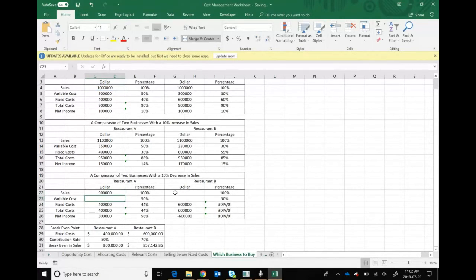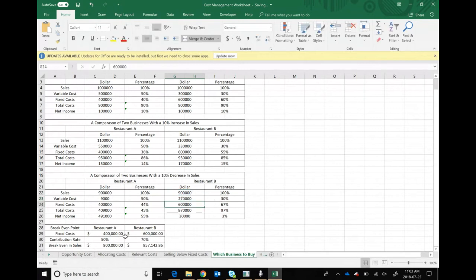So we get a dollar sales of 90 grand. It'll be the same for both. Variable cost is still 50% for restaurant A, and variable cost is still 30% for restaurant B.